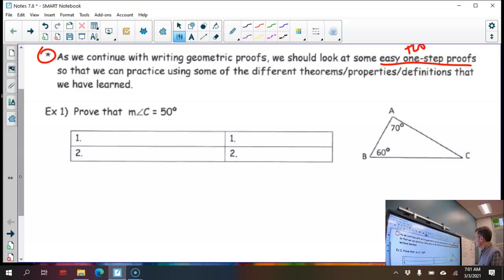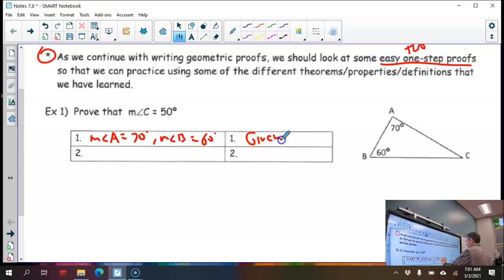Here we go. I want to prove that the measure of angle C is 50 degrees. And of course, I have a diagram over here, and you know that anything in a diagram is given, which is what I want to state first typically. So the first thing I might state here is that the measure of angle A equals 70 degrees, and the measure of angle B equals 60 degrees.